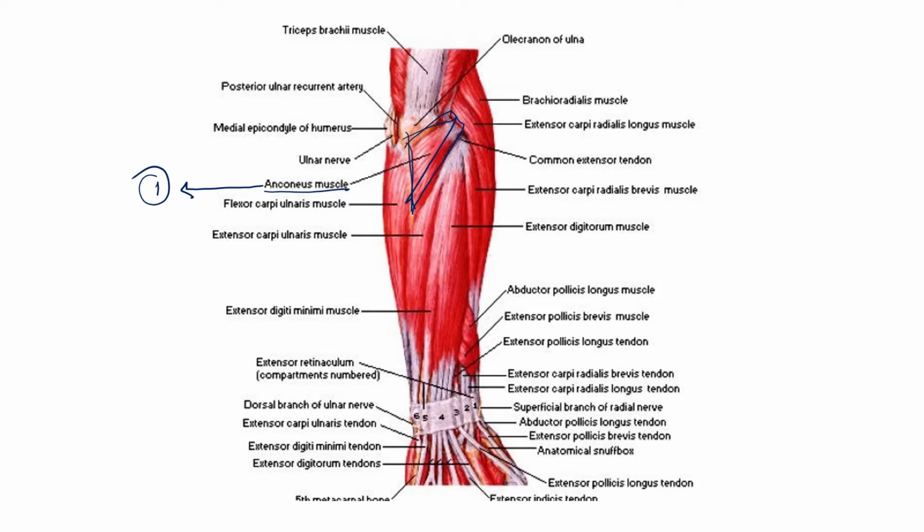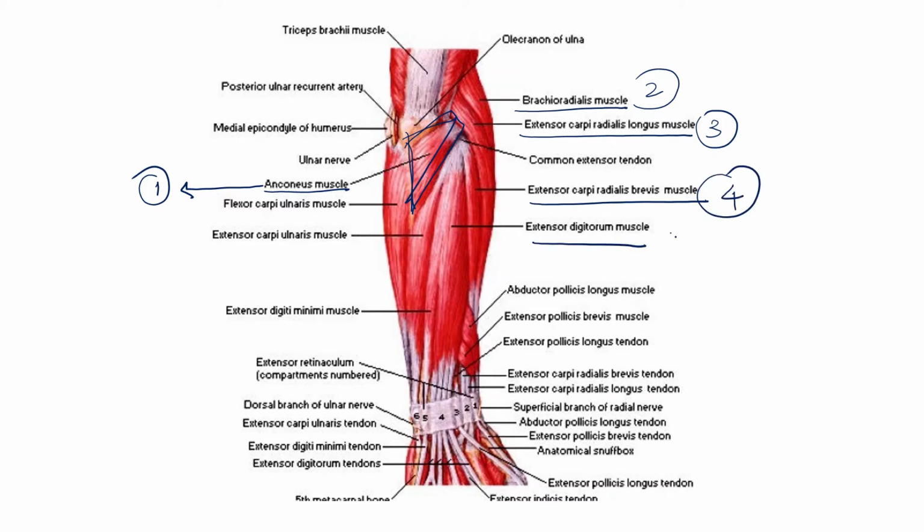Then next comes the lateral most muscle, that is the brachioradialis. Medial to the brachioradialis comes the extensor carpi radialis longus muscle. Next comes the extensor carpi radialis brevis muscle.